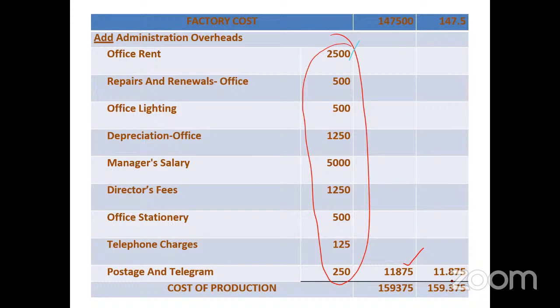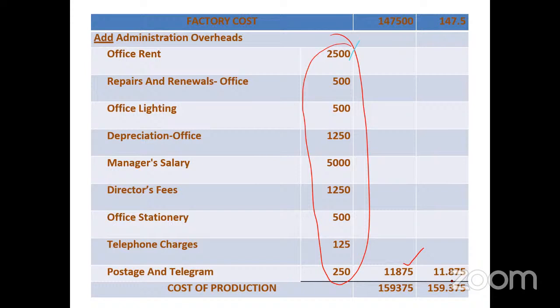Product A, what is the direct material? Product B, what is the direct material? Product C, what is the direct material? Then you add the direct material of all these three products, and finally you will get the consolidated amount. Are you getting? Yes, sir. So in this way you will prepare.